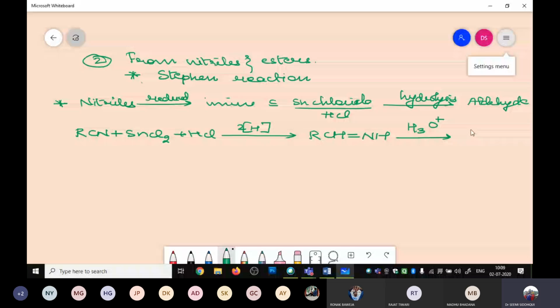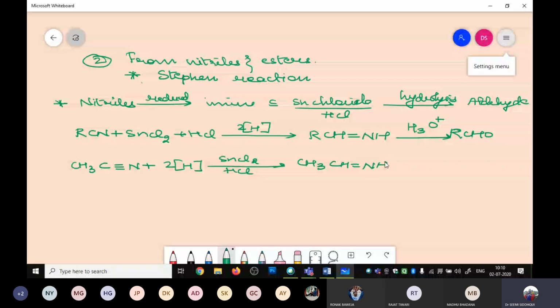CH3 CH double bond NH. On hydrolysis, it is going to give you CH3 CHO. Got this? This particular reaction is your Stephen reaction.